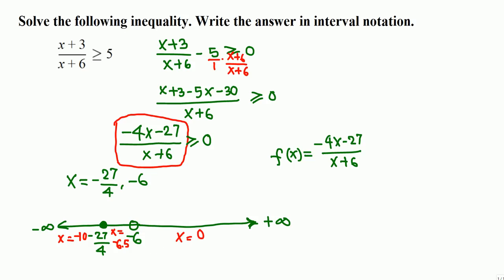Now plug these numbers into this fraction, and we want that to be bigger than or equal to 0. Let's start with the right hand side, x equals 0. Negative 4 times 0 is 0, minus 27, negative 27 over 0 plus 6, which is 6. So this will be a negative number, so for x equals 0 this fraction becomes negative, so just put negative. Let's plug in negative 6.5.